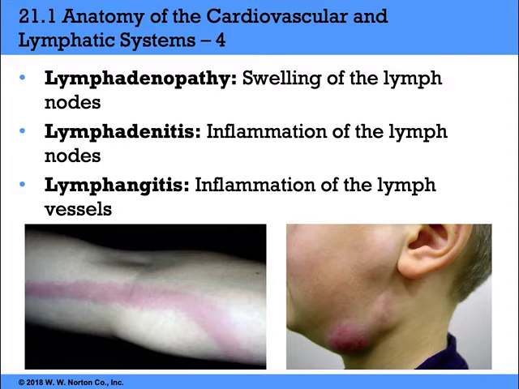The lymph nodes in the body are positioned in areas that drain structures that have openings to the outside. There's a lot of lymph nodes in your neck. There's a lot of holes in your head which serve as ports of entry for pathogens.